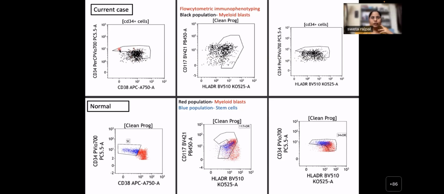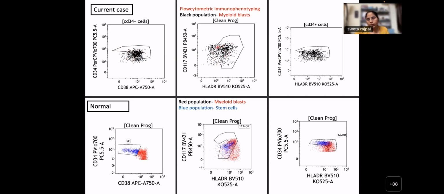Okay, so we are not seeing a population that is CD38 dimmer here. They are supposed to be in this plotted area, but however, we can see a clustering with CD34 dimmer and CD38 showing clustering.